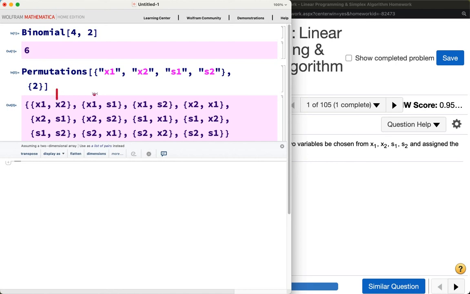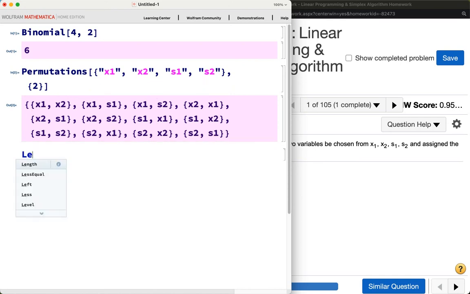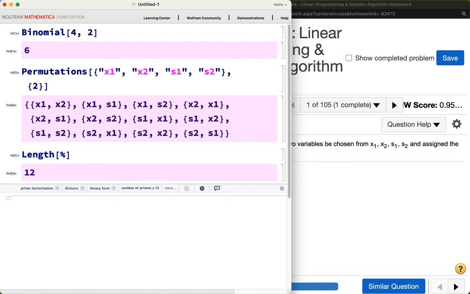You have 1, 2, 3, 4, 5, 6, 7, 8, 9, 10, 11, 12. You have 12 elements. It might be easier if you simply use Length. The length of the last answer is 12. So learn to use Mathematica. It is really not that difficult.